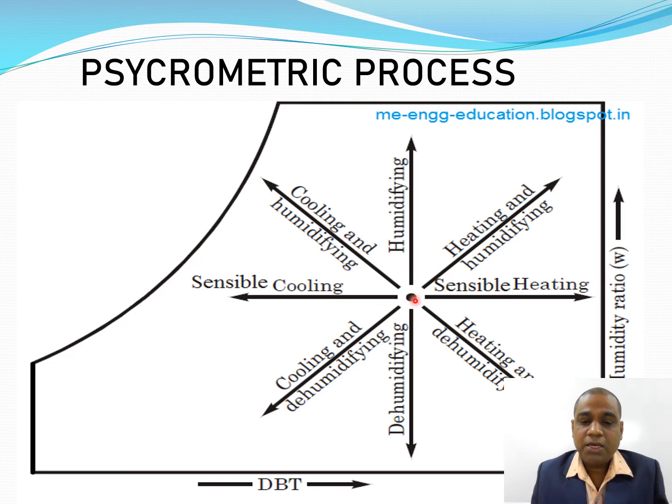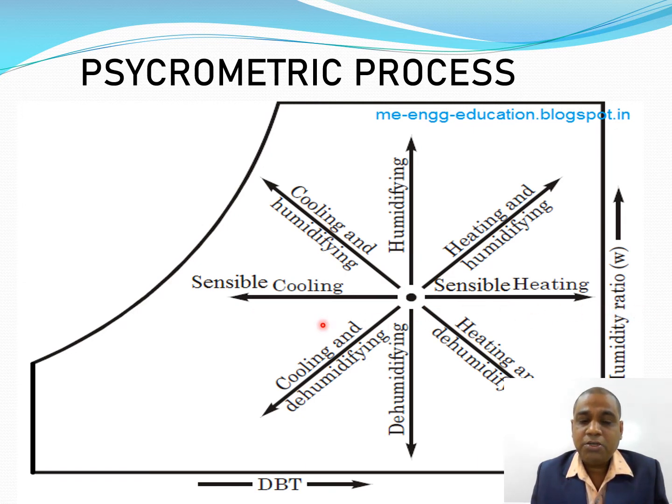Suppose this is the initial point and this arrow is after the cooling of air. It will reach up to this point. And this cooling process represents sensible cooling at constant humidity ratio.